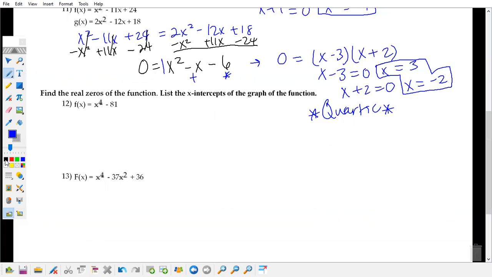For solving, the first thing you want to remember is, does anyone remember the difference of two squares? Does that ring any bells?